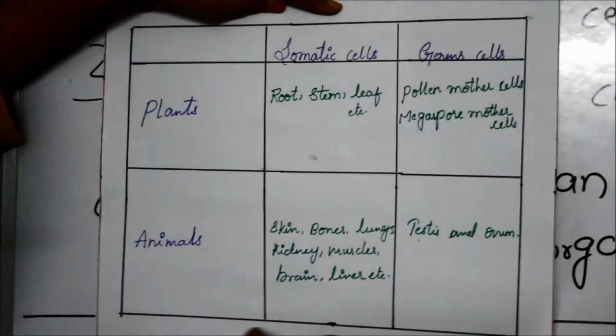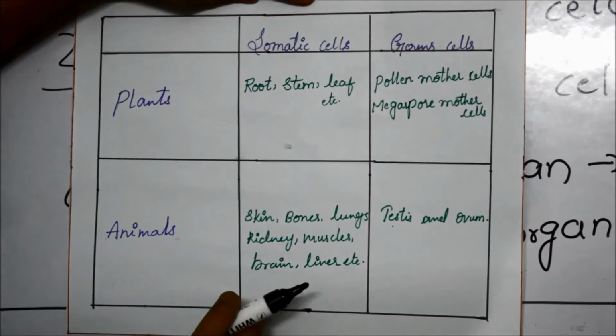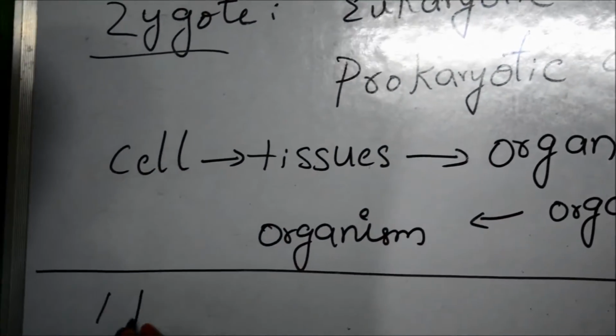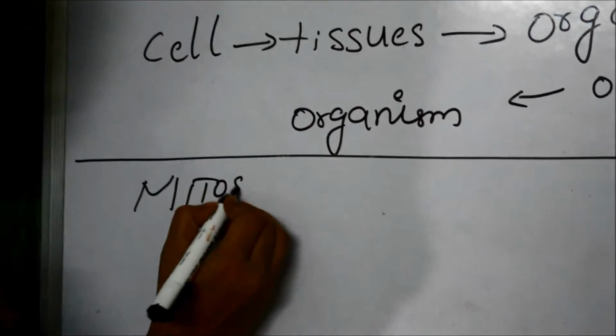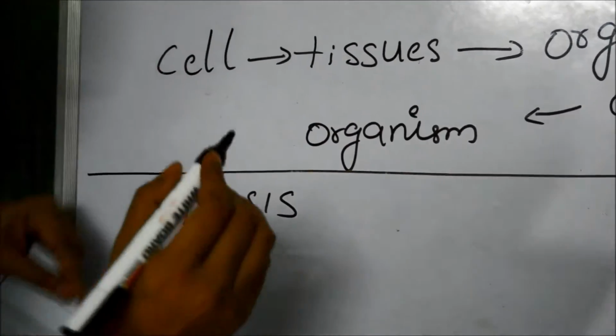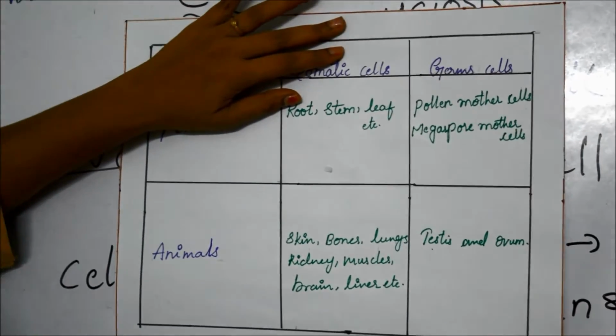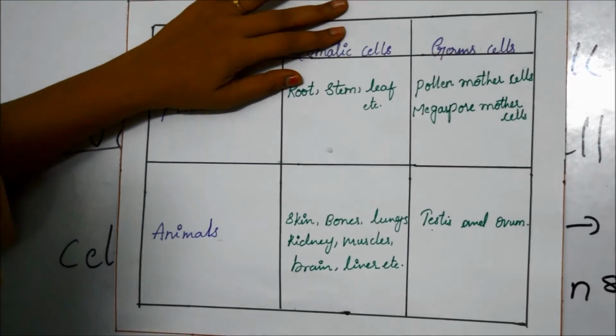All the somatic cells undergo cell division by the process of mitosis. All the germ cells undergo cell division by the process of meiosis.